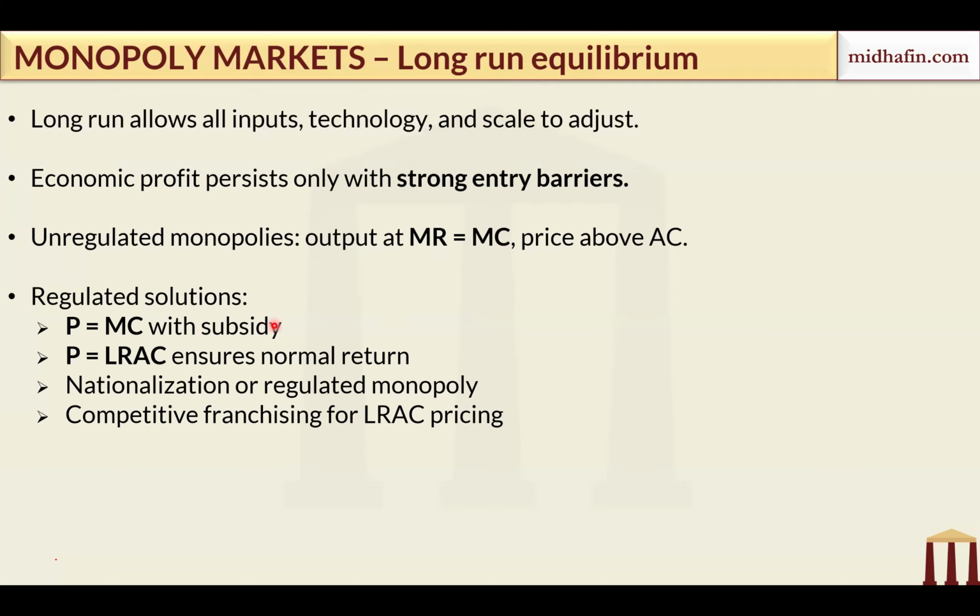But regulated monopolies will be pushed towards lower prices, so that they reflect either marginal cost or at least long run average cost. If subsidy is not possible, then this is a more practical solution, because it balances efficiency with affordability.